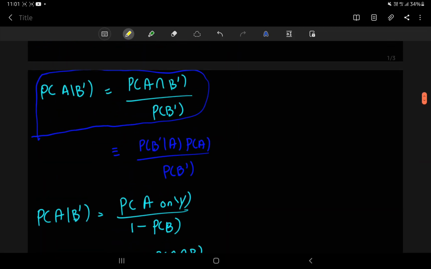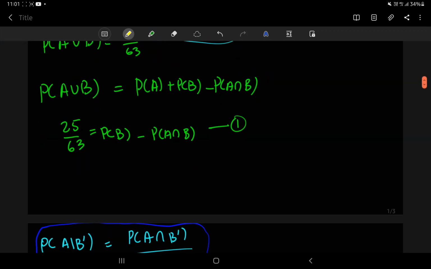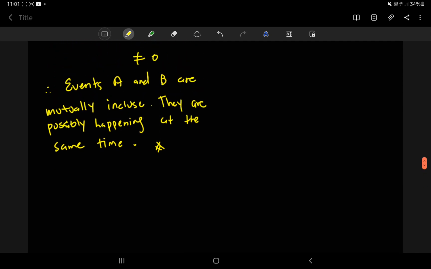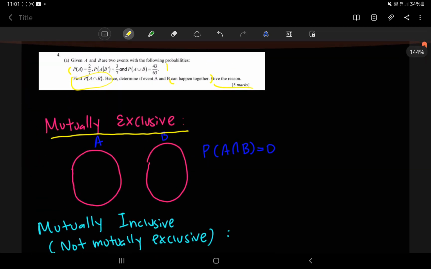So this is our answer. Okay, so give the reason. I have given the reason over there, and the calculation is also included, right?